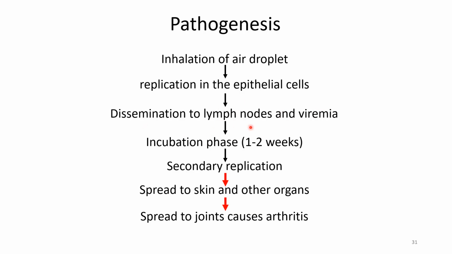We have here the incubation period. We might have some prodromal symptoms during the incubation period. Then we have secondary replication as the virus is seeded into the skin and other organs, and then the virus can spread to the joints, causing arthritis.